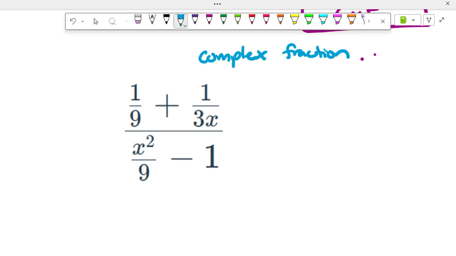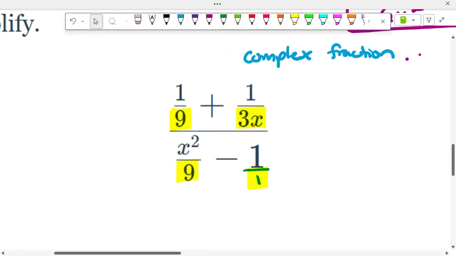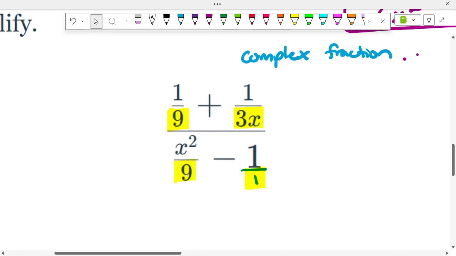All right. So here's the easiest way to do it. The easiest way is to get rid of these denominators. And remember, if it's just a 1, the unspoken one's a 1. So we've got to find an LCD for all 4 of those numbers.